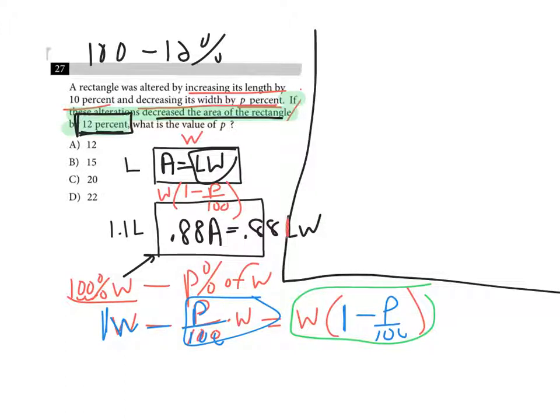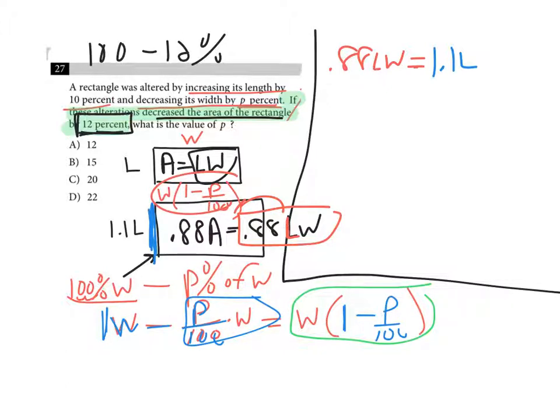So here's what we're going to have. The area of this bottom rectangle is 0.88 LW. Well, the area is just the length, which is 1.1 L, times the width, which we said was W, times 1 minus p over 100.